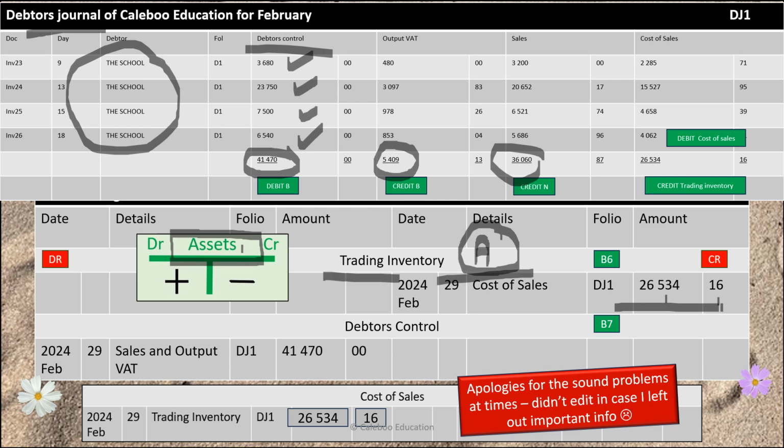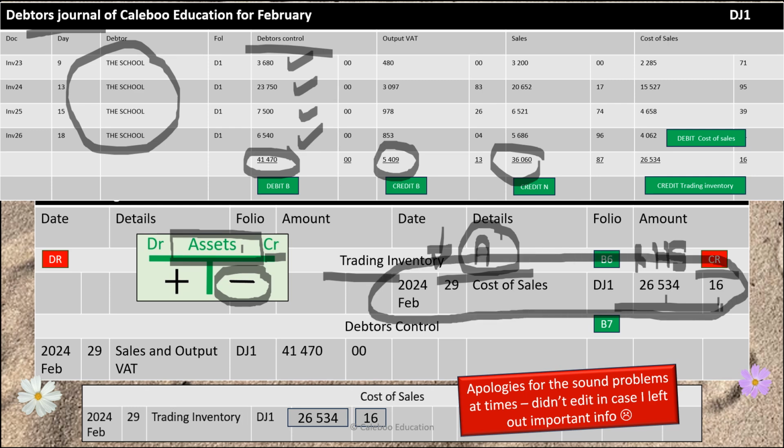The value of the stock has decreased. A decrease in assets, the account must get credited. Remember, the right-hand side, that's a R, right-hand side of a ledger account is the credit side. That is why this entry is recorded on the credit side. Decrease in assets, the rule says credit the account.